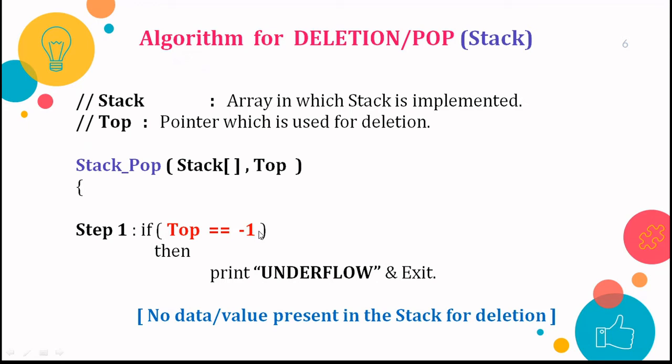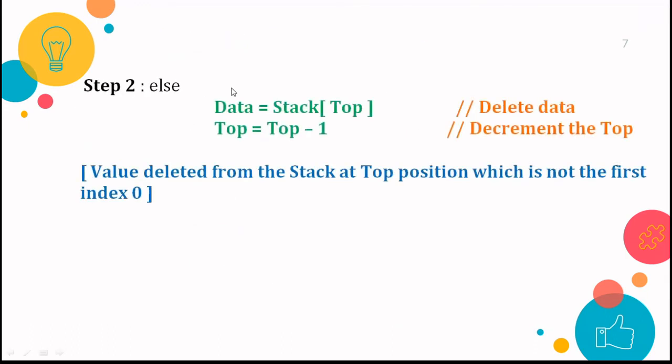In that case your stack is full, so you cannot insert anything into the stack, and that condition is called overflow, right? So first the condition of overflow and underflow has to be checked while inserting or deleting anything from the stack, right?